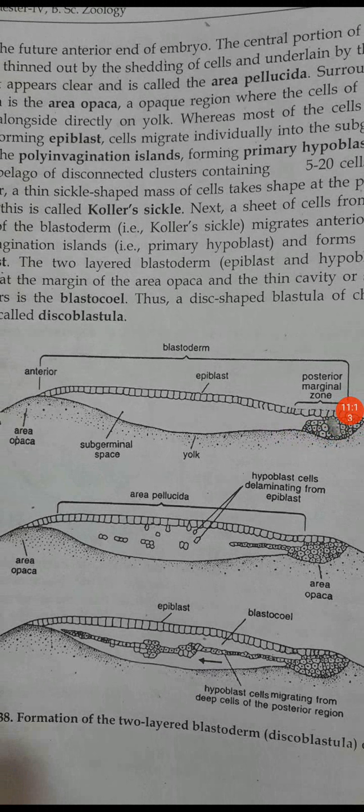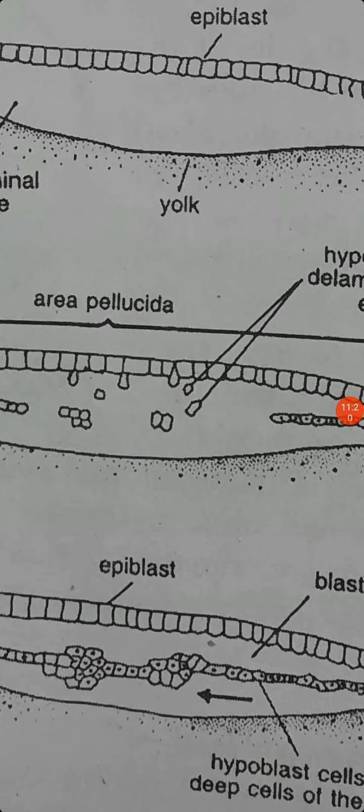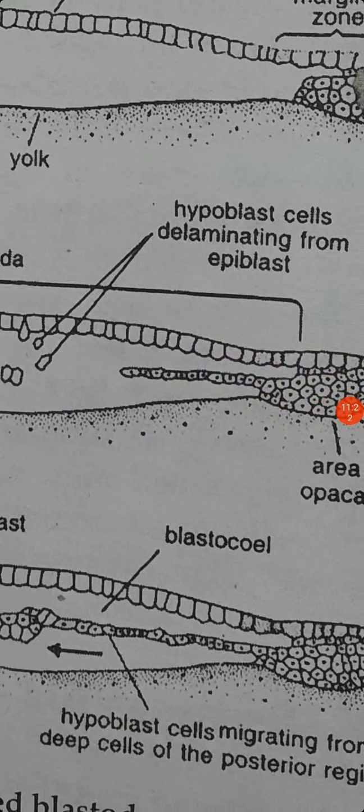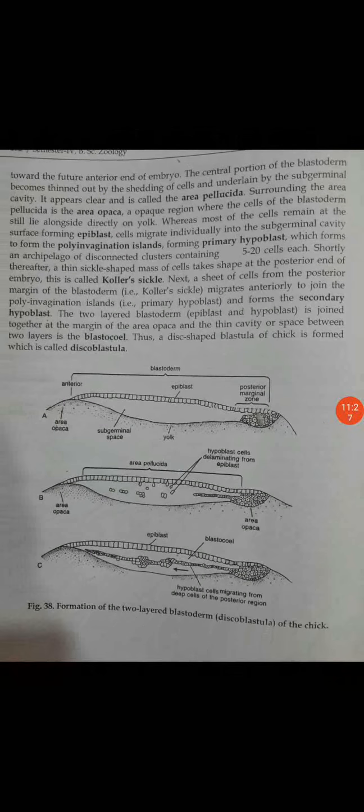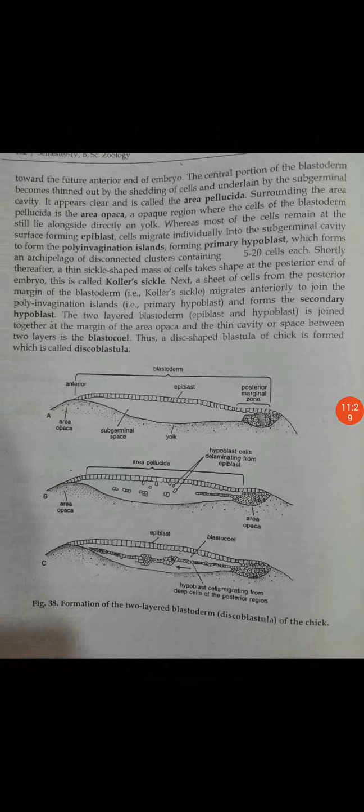After this division you will get the blastocoel, epiblast, and blastocoel, the cavity. So this is the blastulation of the hen's egg.